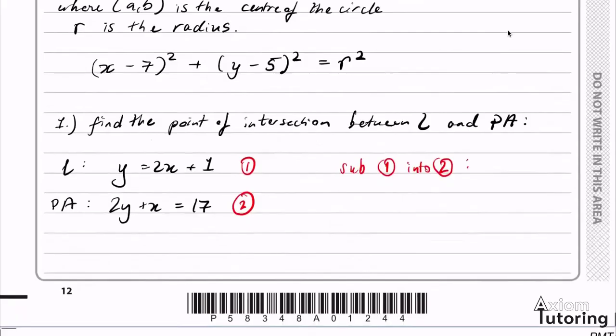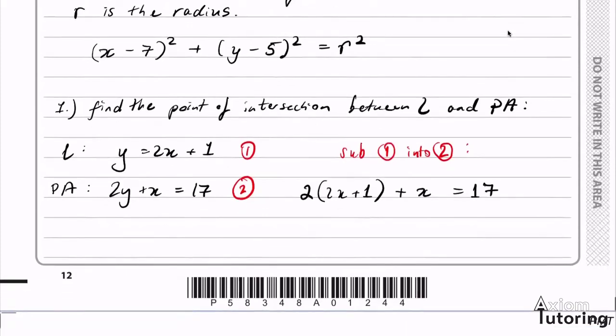So let's have a go at that. y equals 2x plus 1 substituted into 2y plus x equals 17. That's going to be 2 times (2x plus 1) plus x equals 17. So let's solve this algebraic equation now. Multiplying each term by 2, we get 4x plus 2 plus x equals 17.